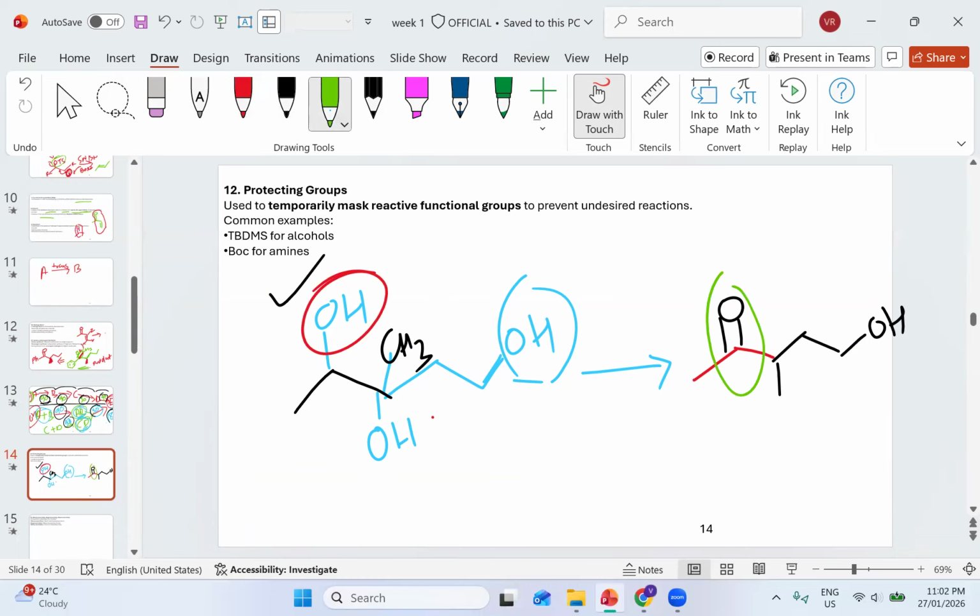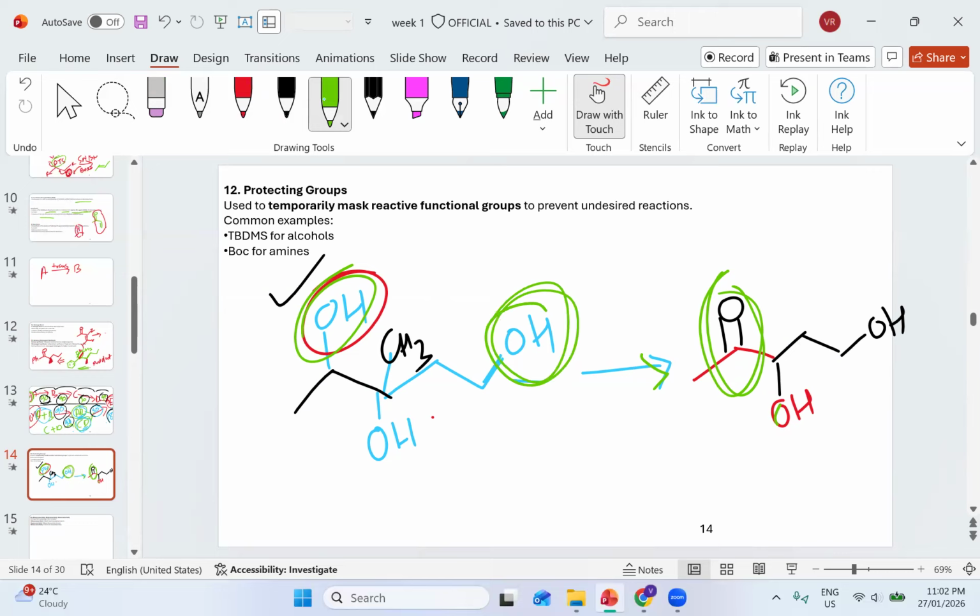Here it will be the ketone. So we want our oxidation reaction done on the secondary alcohol. So can we do this straightforwardly? Because there is another hydroxy group, which is highlighted here in green.